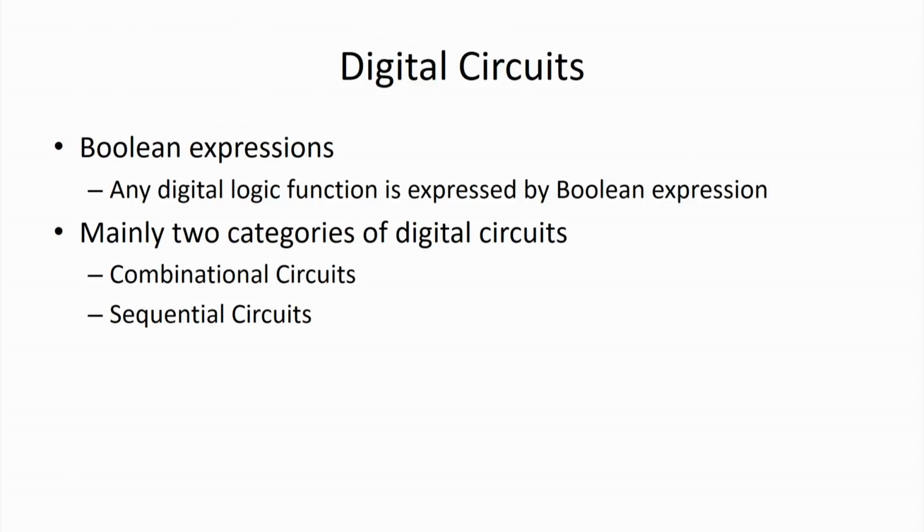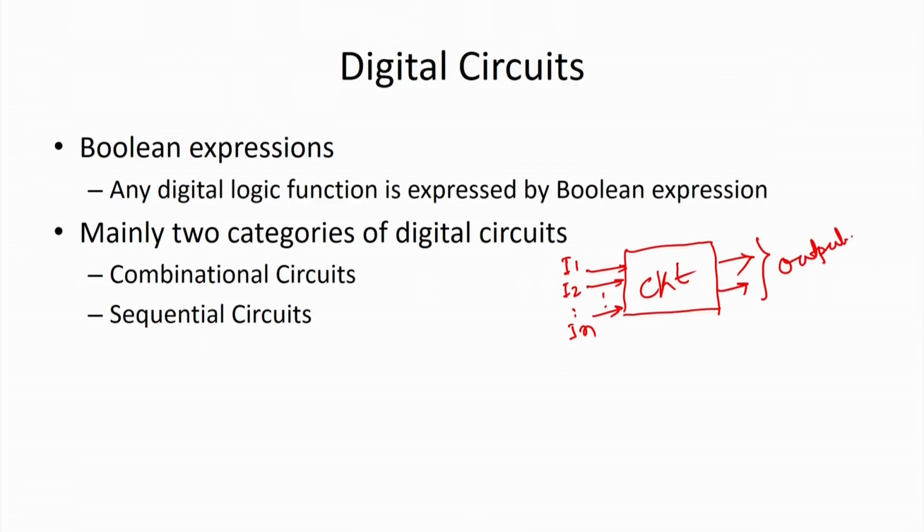In that particular case, I will just simply say that I am going to take a digital circuit and think of it as a black box. I do not know what is inside it. So, here we are going to give some input signals, say I1, I2 to In, and we are going to get some output signals.